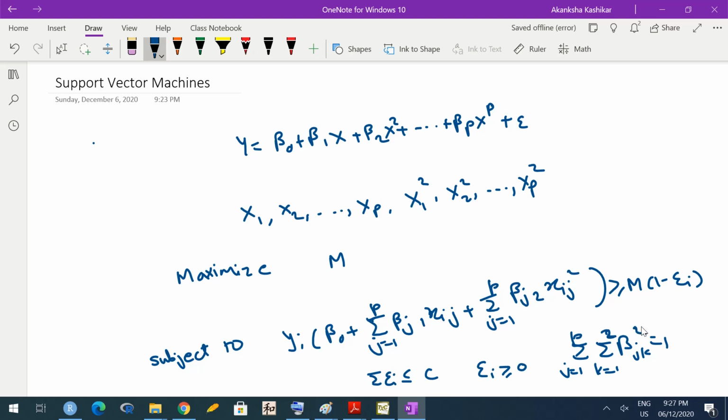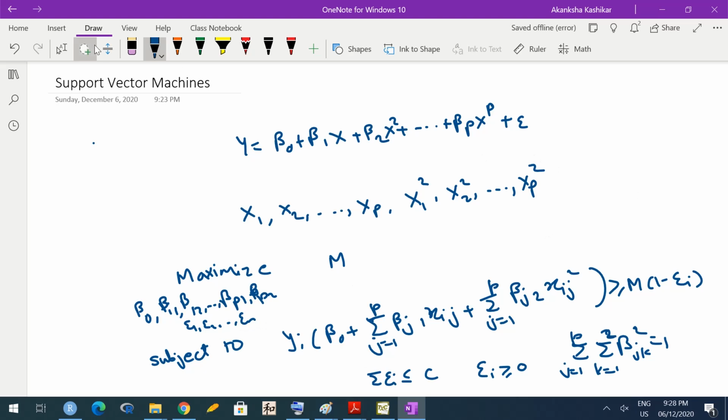So we are going to maximize over all these betas and of course epsilons and m: beta naught, beta 11, beta 12 up to beta p1, beta p2. So 1 1, 1 2, 2 1, 2 2, 3 1, 3 2, we have all those betas, and of course epsilons, epsilon 1, epsilon 2, up to epsilon n.